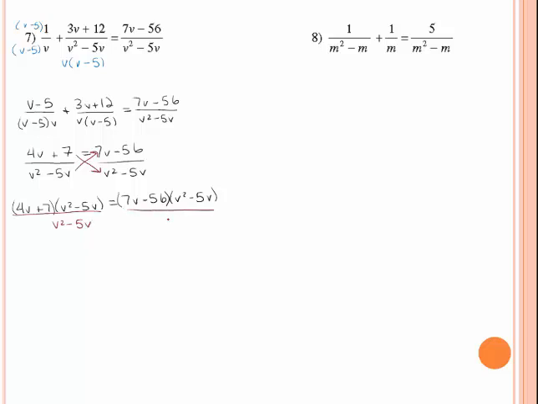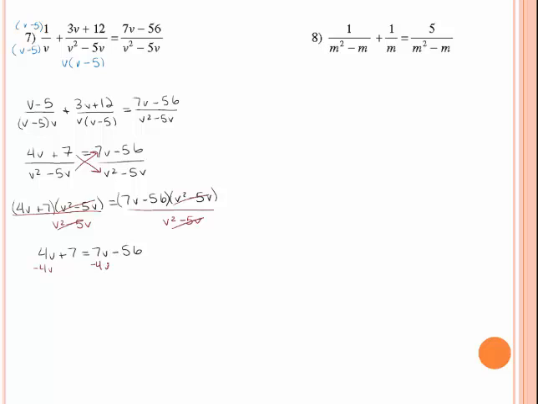As we learned from simplifying rational expressions, these will cancel. And I'll be left with 4v plus 7 is equal to 7v minus 56. I can subtract 4v from both sides or 7v from both sides. It doesn't really matter which.